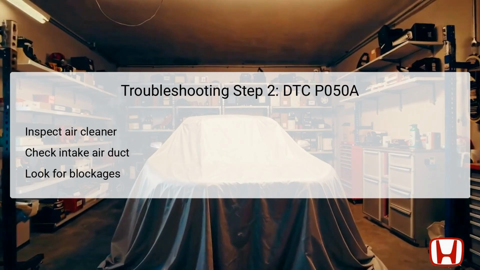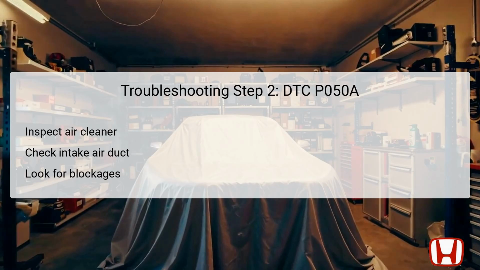The second step in troubleshooting DTC P050A involves a visual inspection of critical air intake components. First, examine the air cleaner element for any signs of dirt or damage that could hinder airflow. A clogged or dirty air cleaner can significantly restrict air entering the engine and lead to performance issues.